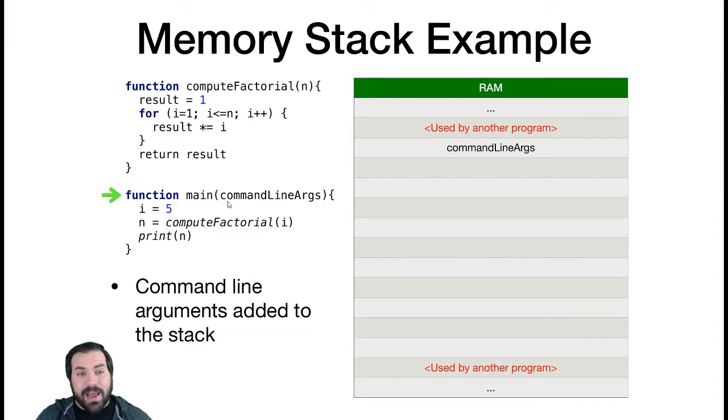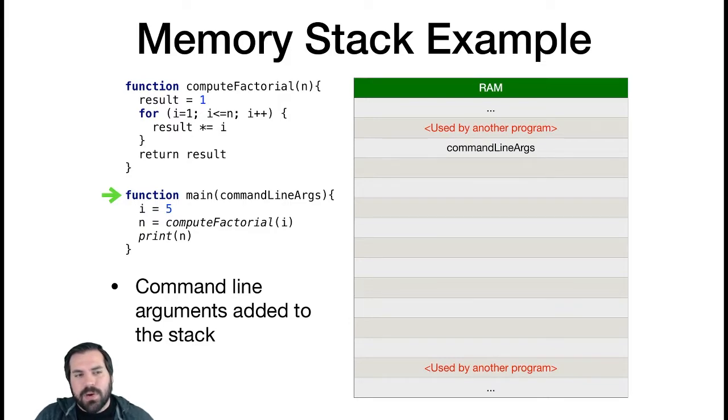So, all right, we get our stack space from the operating system. We have the memory addresses that we get to work with. We're going to call our main method, and the first thing we get are these command line arguments. This is if you're calling your program from a terminal and you give it some command line arguments.